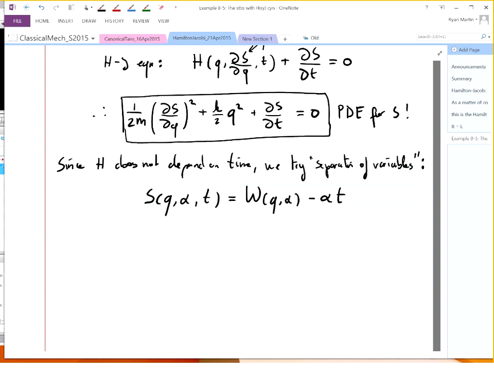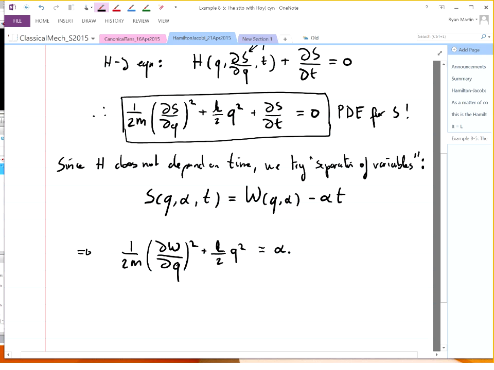So if I put that into the Hamilton-Jacobi equation, I get the first term 1 over 2m. Now ∂S/∂Q: the only part of S that depends on Q is W. So I have ∂W/∂Q all squared plus k over 2 q squared. And then ∂S/∂T: only the minus alpha T term has a T in it, so the derivative of that is minus alpha, and let's move that to the other side, so the whole thing is equal to alpha.